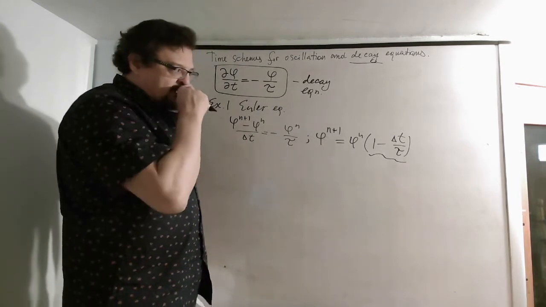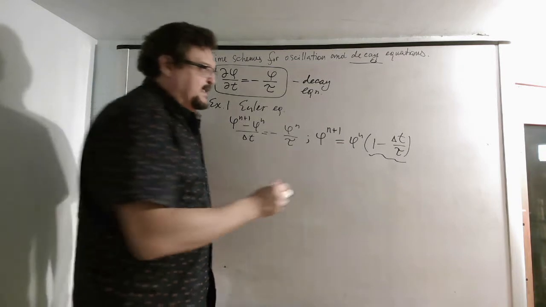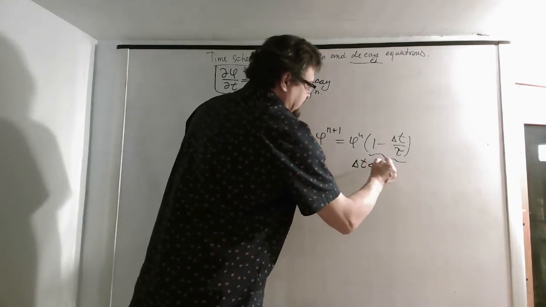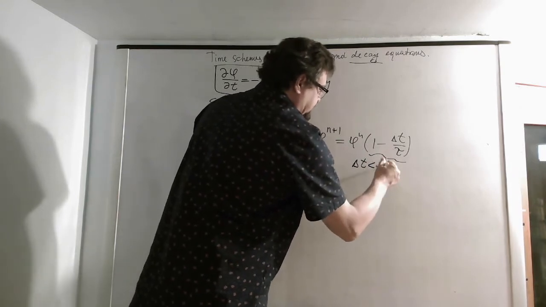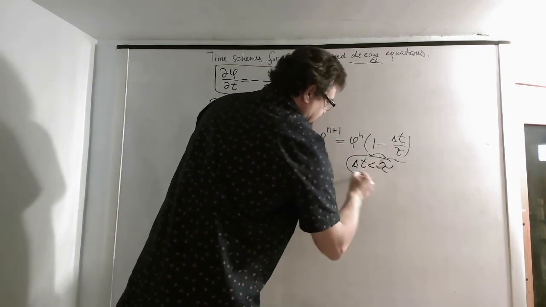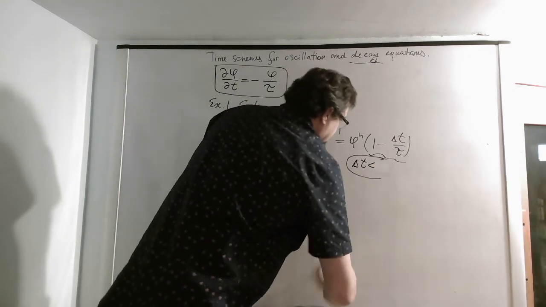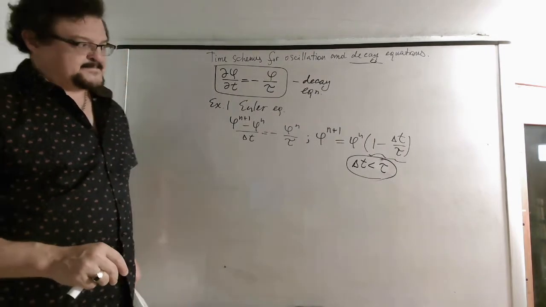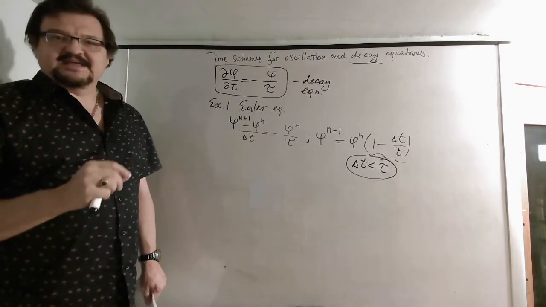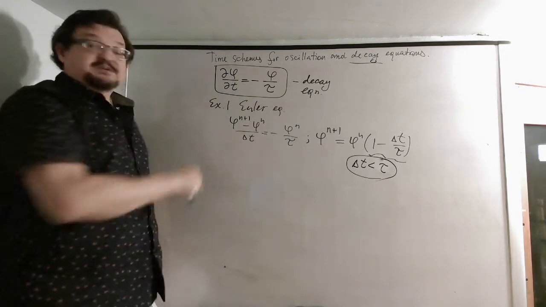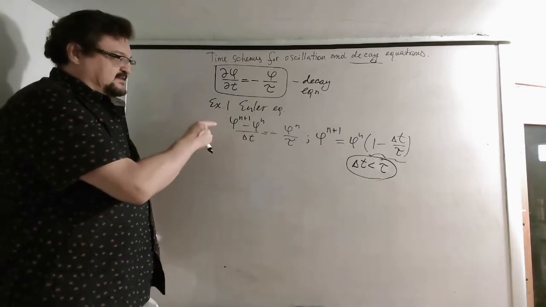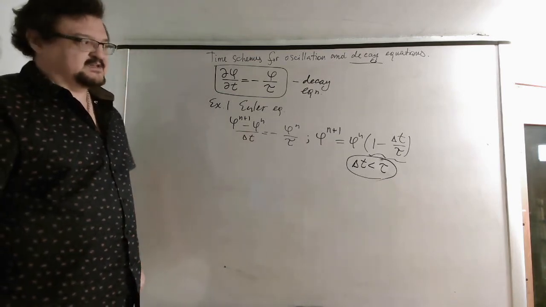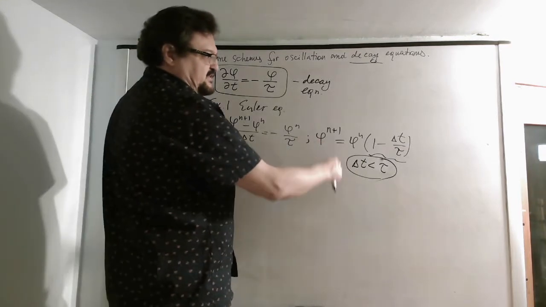This is not good, it's definitely not decay. So in order for the scheme to behave like a decay equation, we need delta t smaller than tau. This is our criterion. When our time step is smaller than tau, the Euler scheme can actually be used, and it behaves like a decay equation. On each time step, the amplitude reduces.